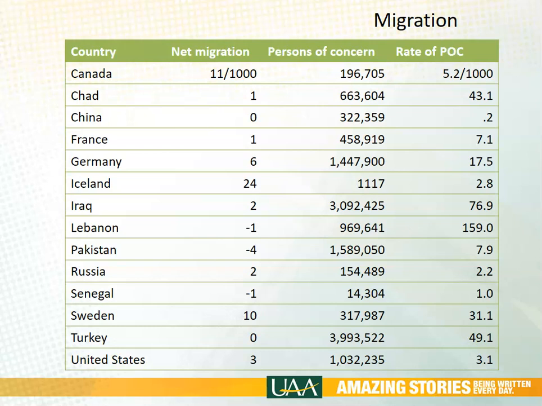These would be people who are seeking asylum, who have already received it and are officially refugees, or people who have been displaced and are not recognized by legal convention yet as being asylum seekers. Again, you'll see that the United States' rate is relatively low compared to a lot of other developed countries around the world.